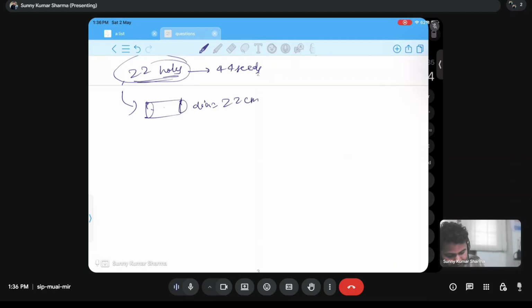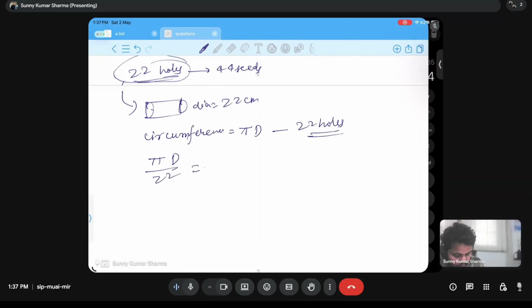With a 22 centimeter diameter, what is the circumference of this drum seeder? Pi d, or 2 pi r. So pi d is the circumference and 22 holes are there. At what spacing are these holes? We can easily find it: it will become pi d by 22, or 22 by 7 into 22 by 22.